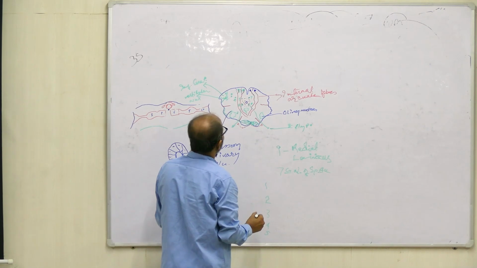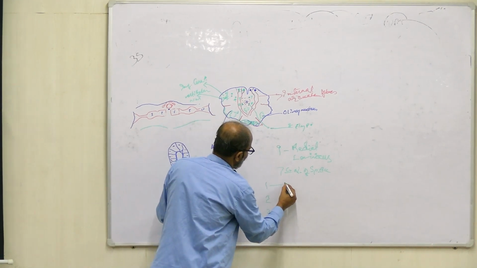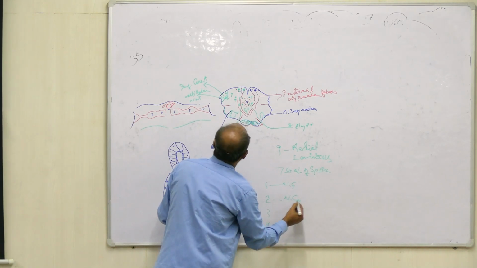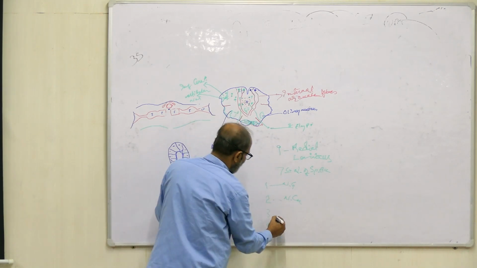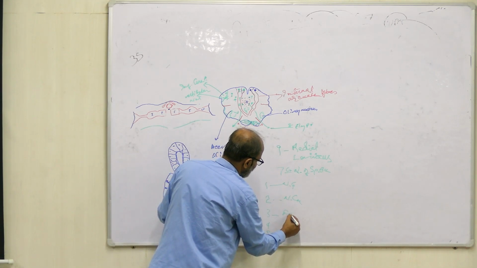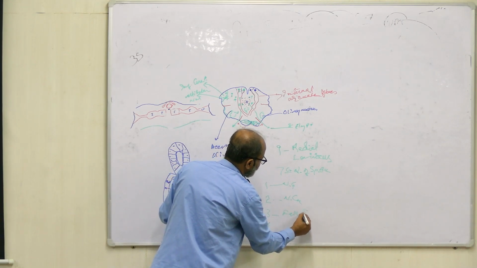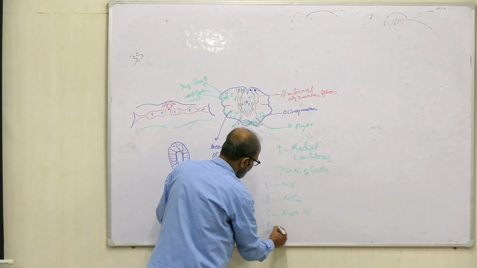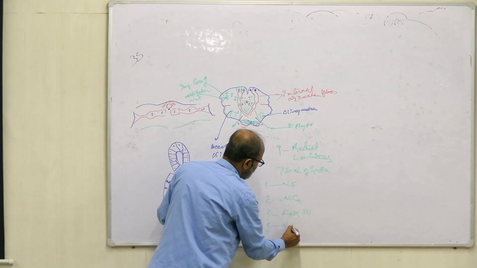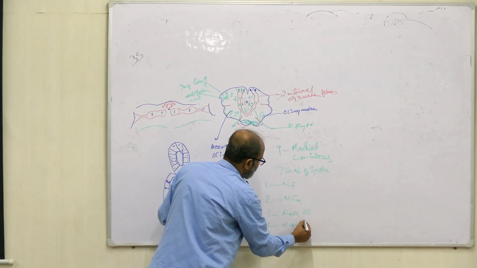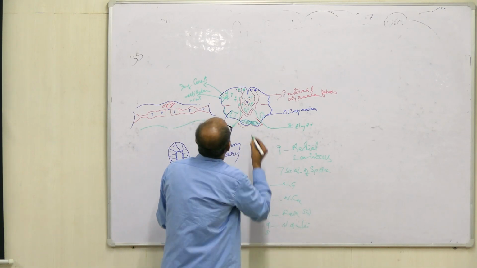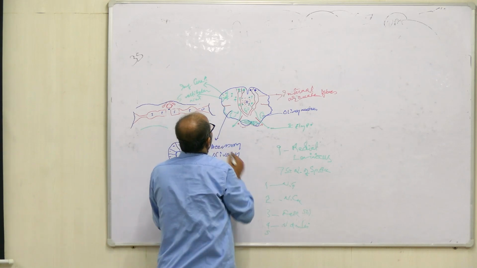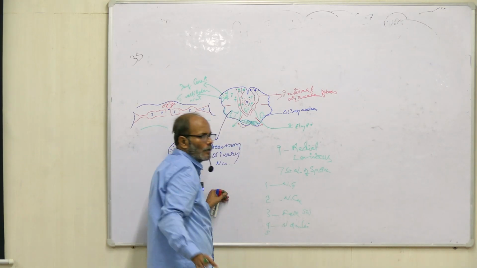The remaining is only 3 and 4. 1 nucleus gracilis, 2 nucleus cuneatus, 3 fasciculus solitarius, 4 is the nucleus ambiguus, and 5 is the vestibular nucleus. Got it?